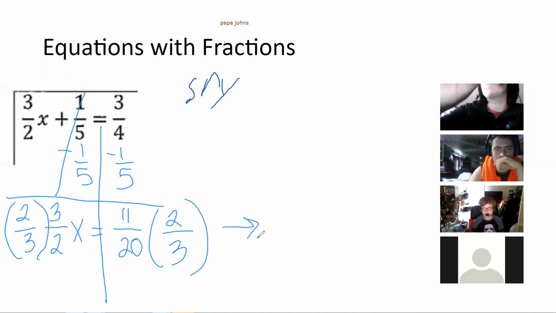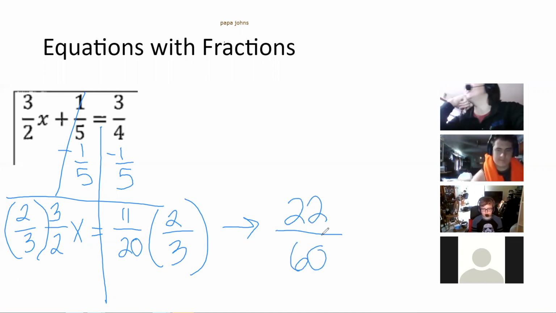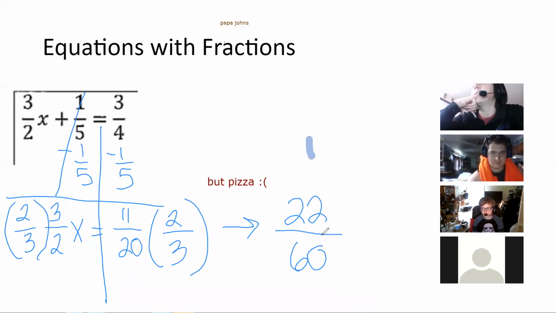That's okay. We multiply straight across the top, straight across the bottom, and you get 22/60. Uh-oh, I can reduce that, right? What do I divide by to reduce that? Don't type IDK. Think about it. Well, they're both even.